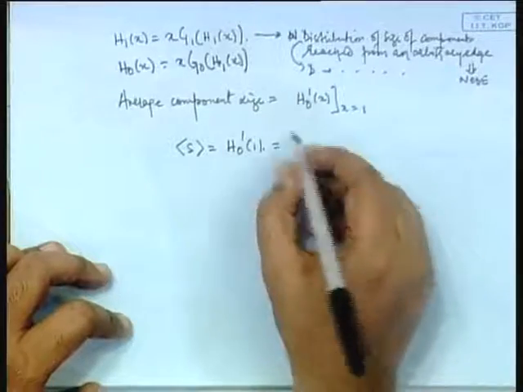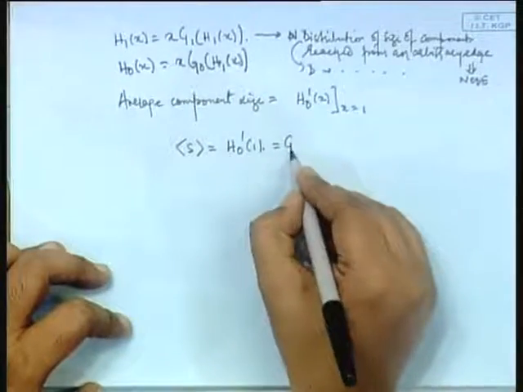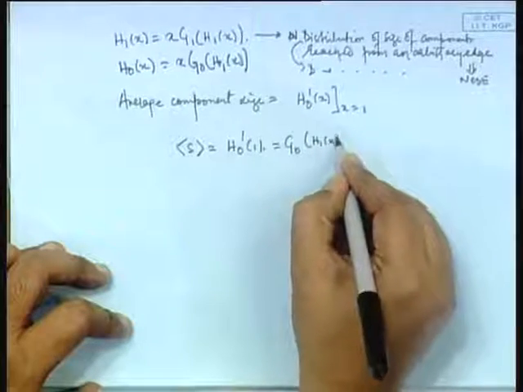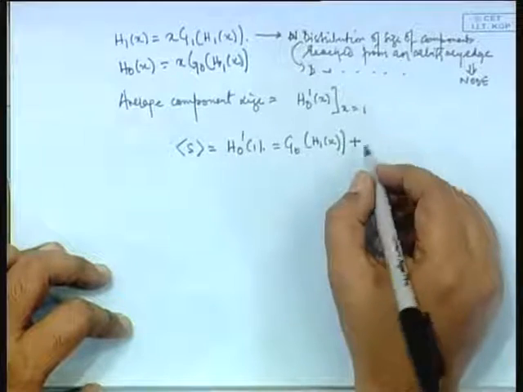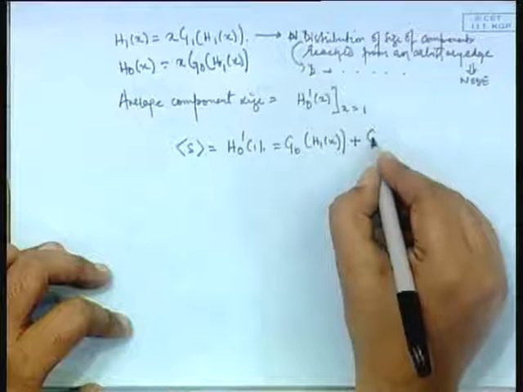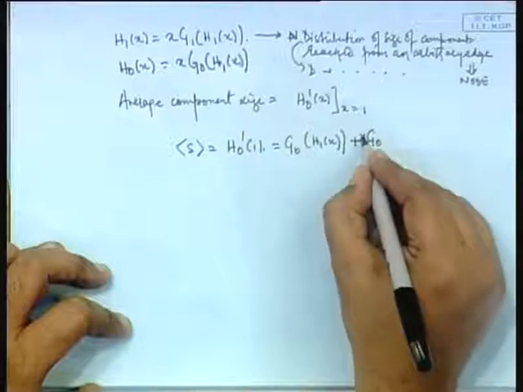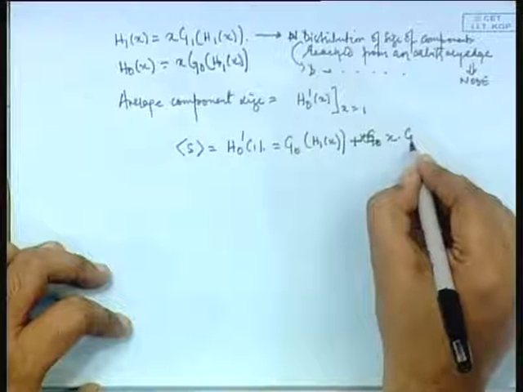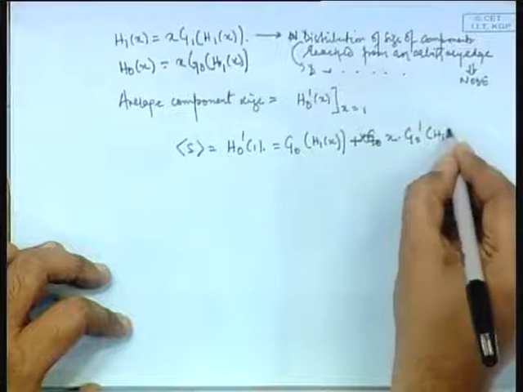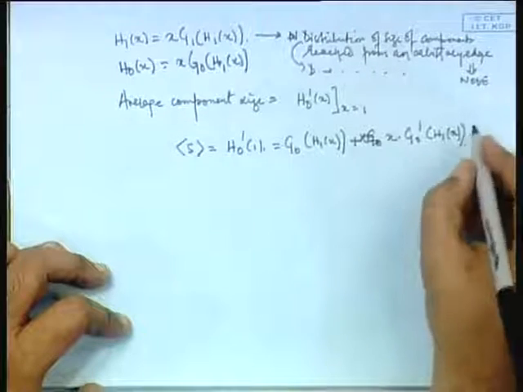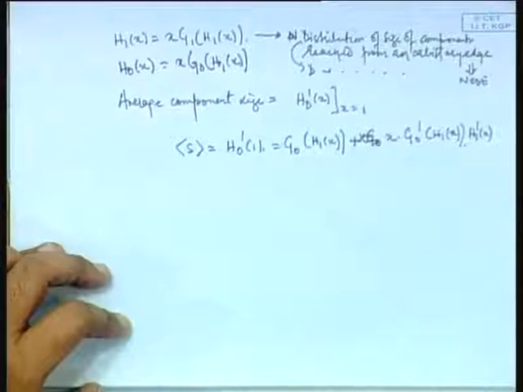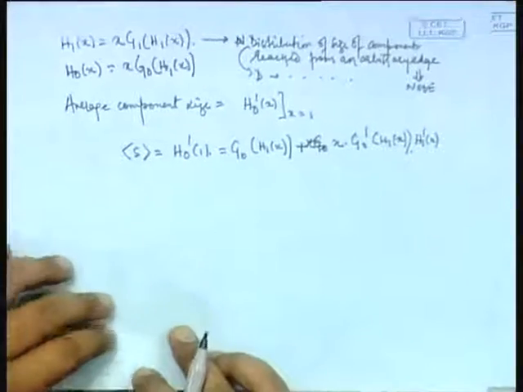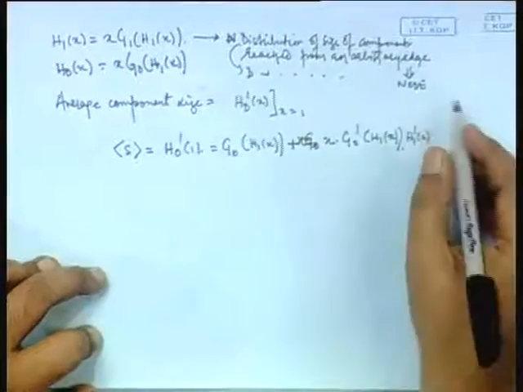So, what will this be? I can do differentiation by product rule: G0(H1(x)) plus x·G0'(H1(x))·H1'(x). Am I correct? I think I am correct, at x is equal to 1.